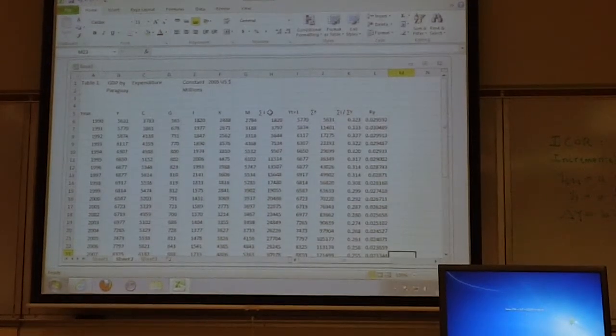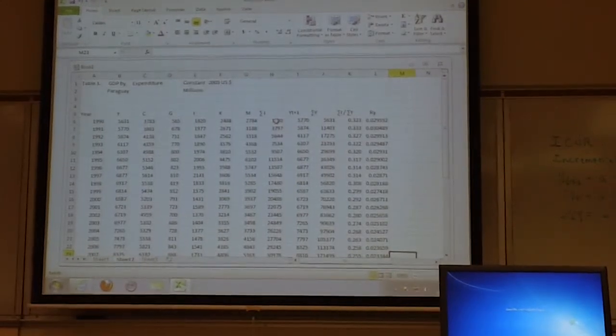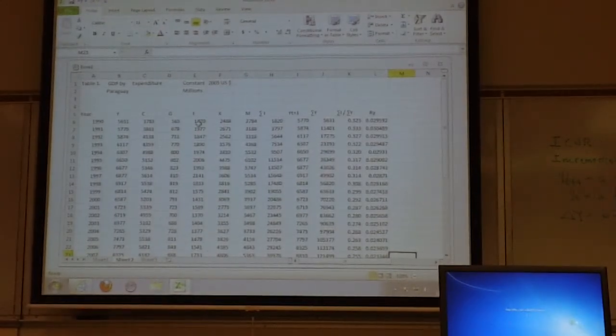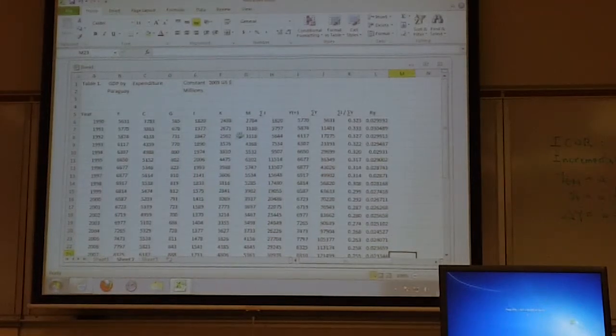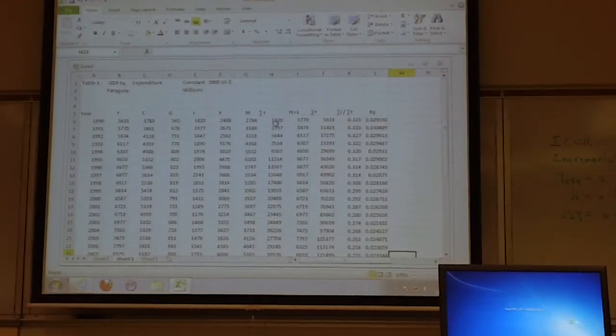We need the sum of I and Yt+1. The sum of I is gotten by you take the first I number, put it here. The second one is gotten by adding the second number here to the first one over here. And you drag that down, that accumulates the I. The next thing we need is Yt+1.